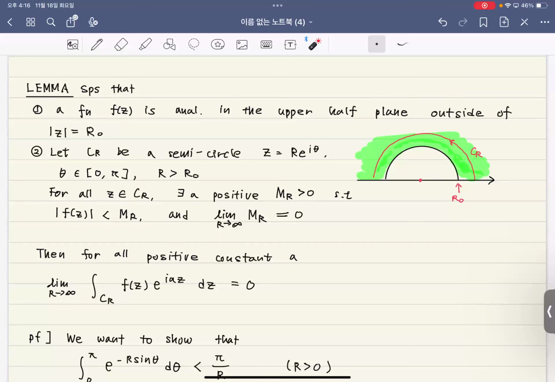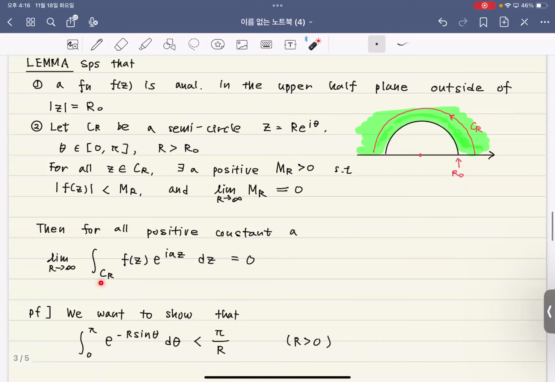And 1 over z is obviously analytic on this green region. Also we can find this number M_R, which is just 1 over R. On this circle, the modulus of my function is bounded by 1 over R. And clearly 1 over R tends to 0 as R goes to infinity. So therefore, this integral should be 0, right?